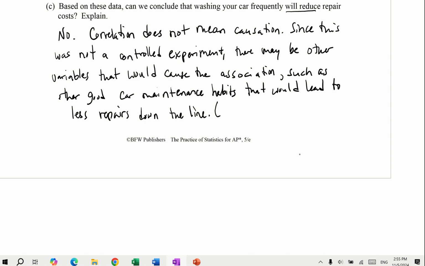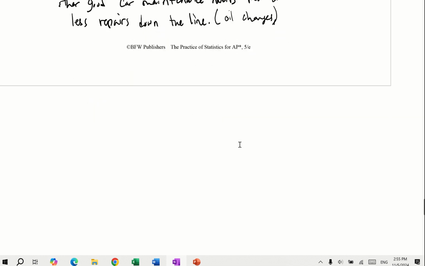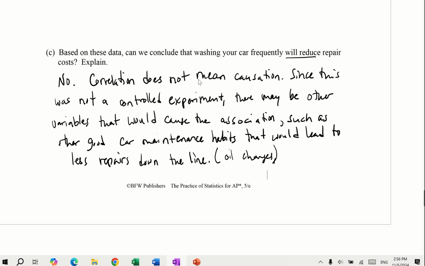An example of good car maintenance habits is frequent oil changes. Things like that. So again, bottom line, no, correlation does not imply causation. As long as you put that as your response, and then say that there might be other variables that could also cause this impact.